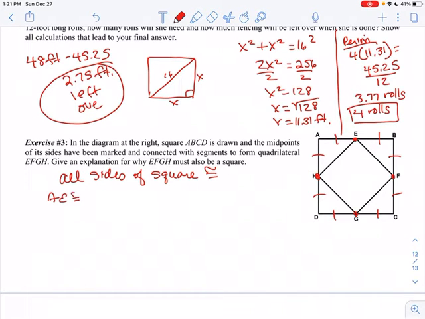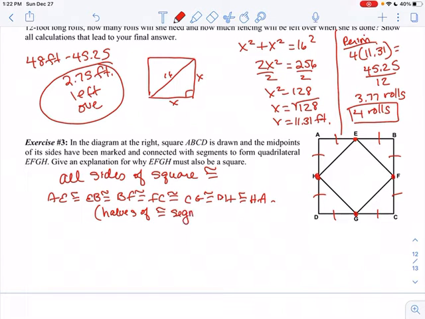So AE is going to be congruent to EB, is going to be congruent to BF, is going to be congruent to FC, is going to be congruent to CG, is going to be congruent to DH, is going to be congruent to HA. All right? Halves of congruent segments are congruent.